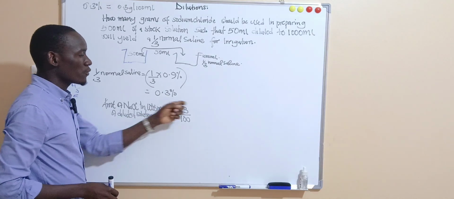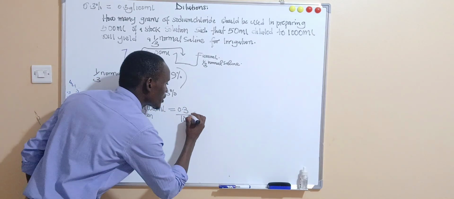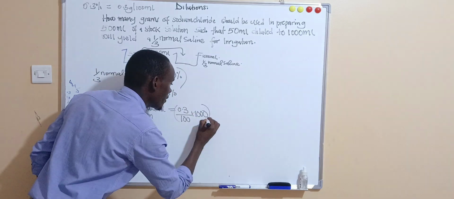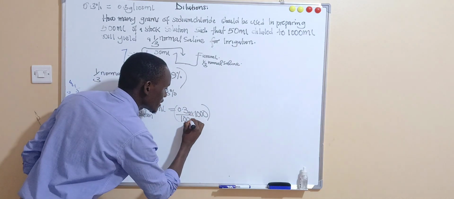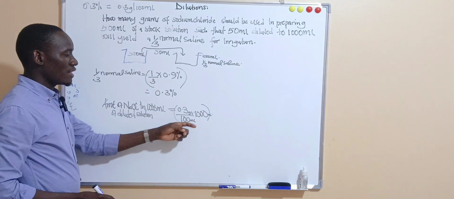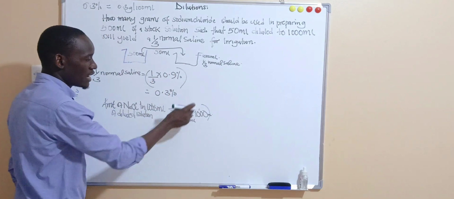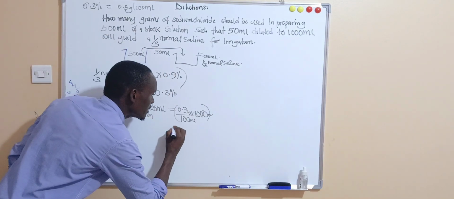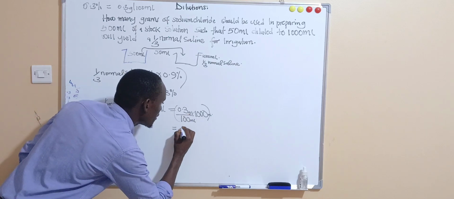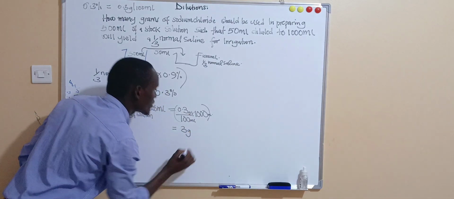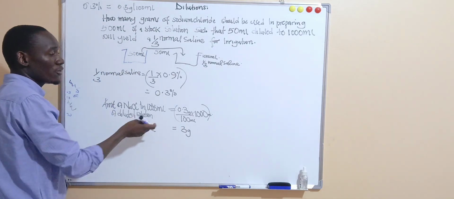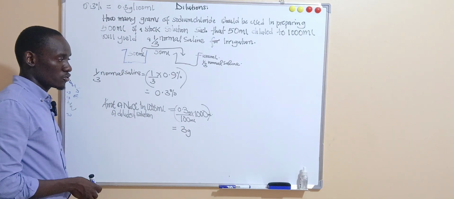That's where we are getting this, and then we shall multiply this by 1000. This is in grams, this one is in mils, and also this one is in mils. The mil and the mil will cancel, and our answer will remain in grams. So we shall have 3 grams of sodium chloride in 1000 mils of the diluted solution.